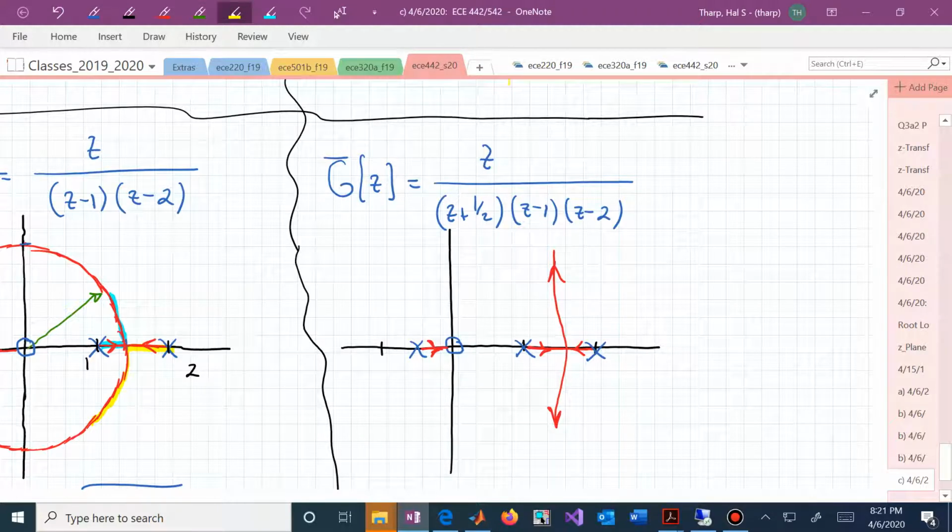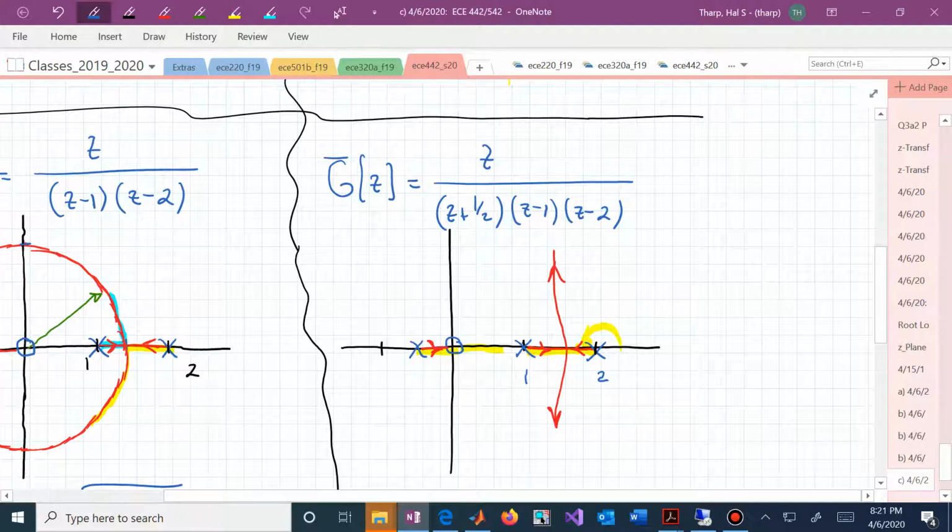We can look at this particular point. Here is 180 degrees. This is 0, this is 0, and that's 0. So every point between 2 and 1 belongs to the root locus, and that's why it's red.